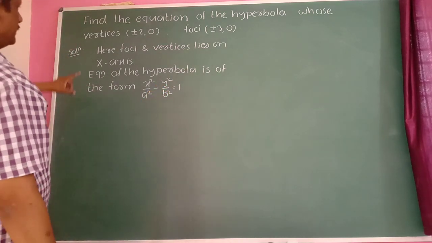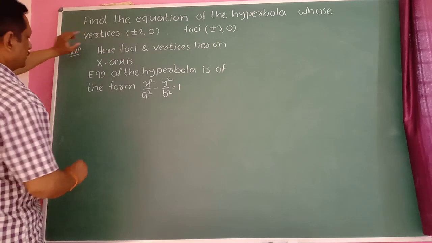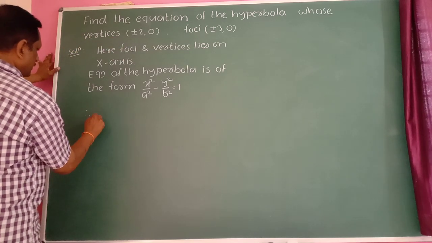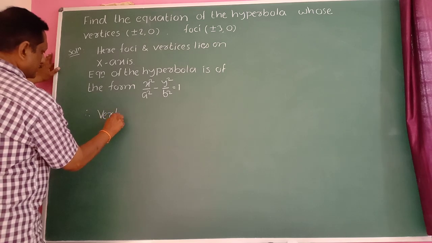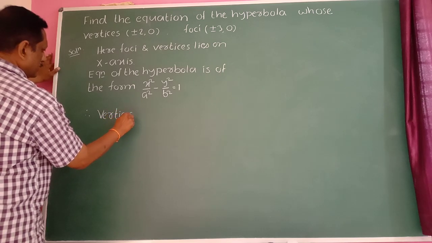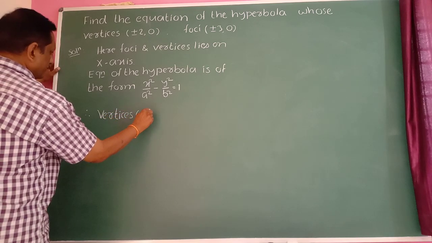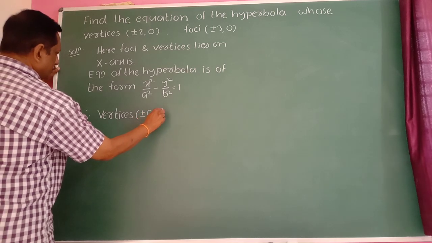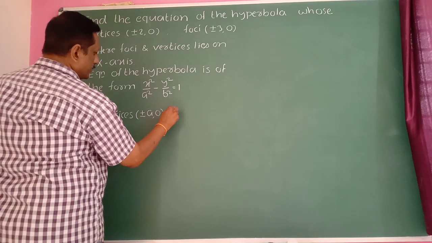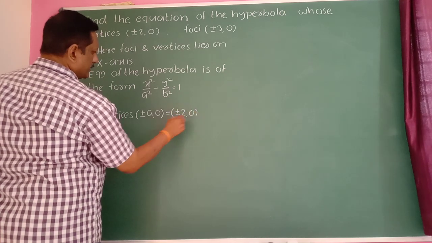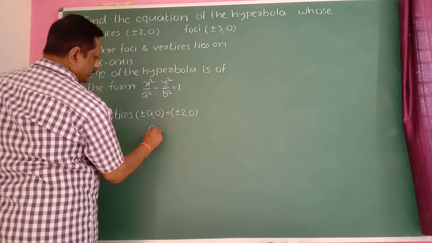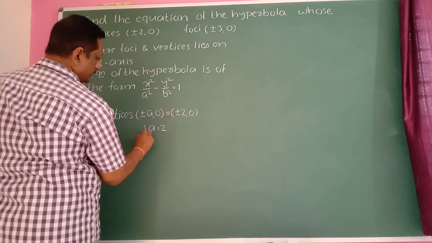In this case, the vertices are (±2, 0). So the vertices (±a, 0) equal (±2, 0). Comparing, the value of a is equal to 2.